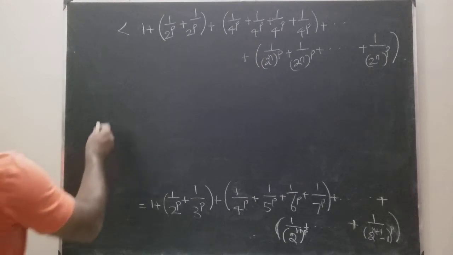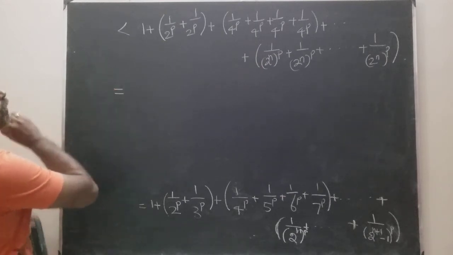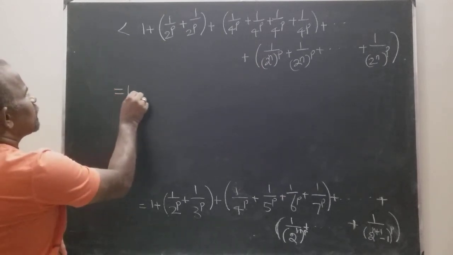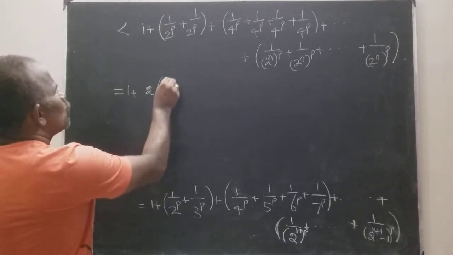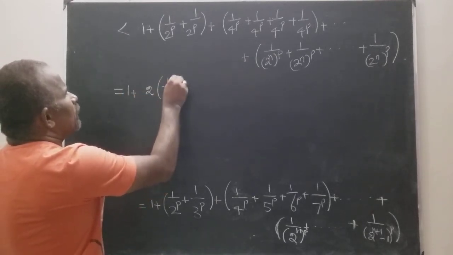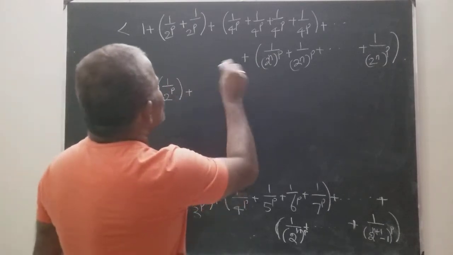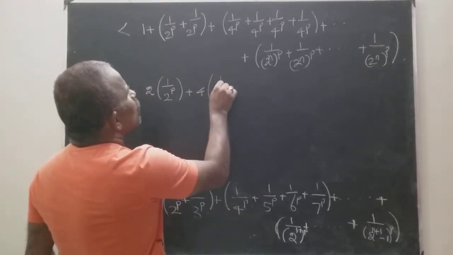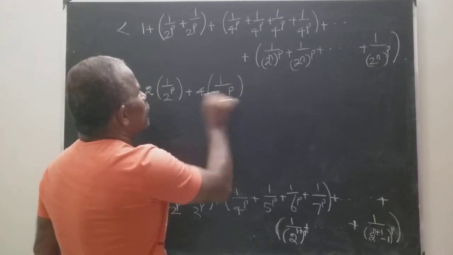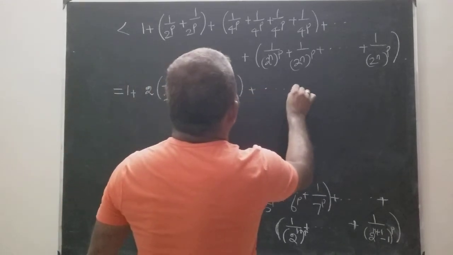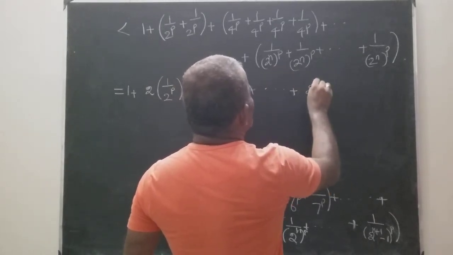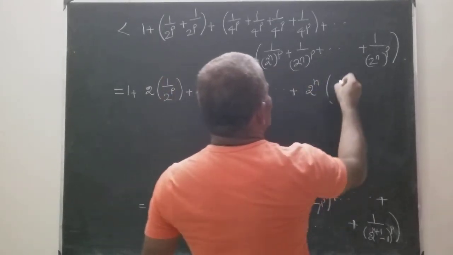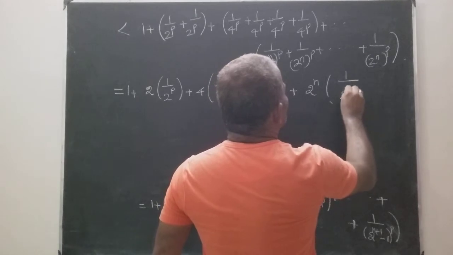Okay, so therefore again this is equal to 1 plus 2 times 1 by 2 power p plus 4 times 1 by 4 power p plus etc, 2 power n times 1 by 2 power n power p.